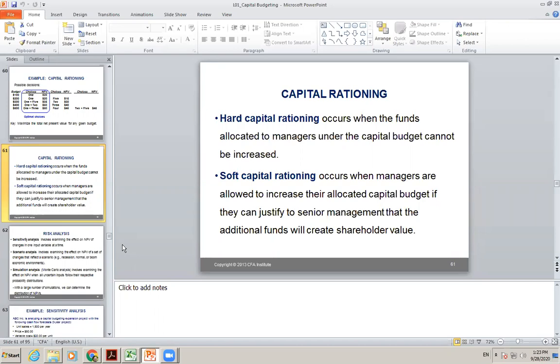Soft capital rationing occurs when managers are allowed to make some changes in the allocated budget if they have the capability to justify their changes in their budget. That justification should be done to the senior managers.